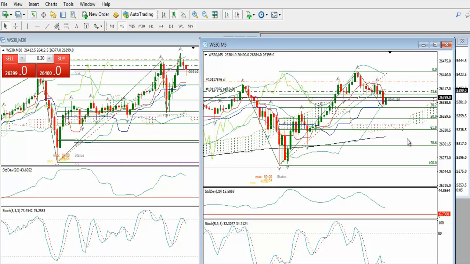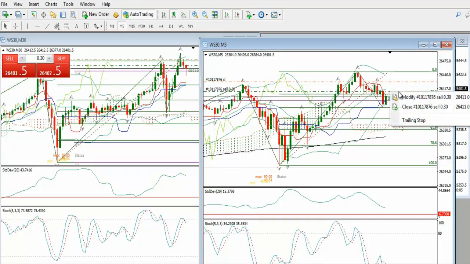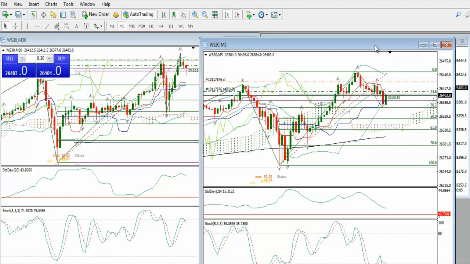You have to be really careful right here. Like right here, you see we are going really close to Tekken. We're going really close to my position right there, so I may have to close it. If I see another candle going green, I may have to close it.